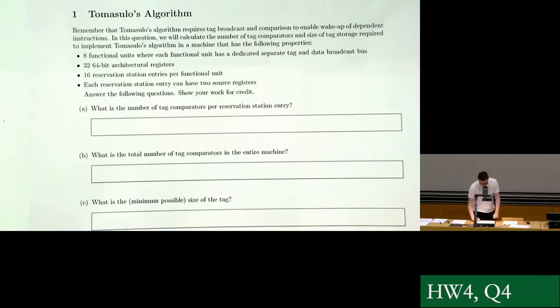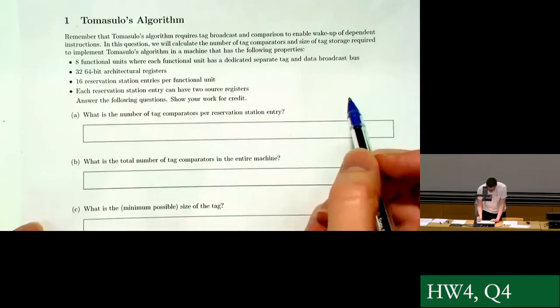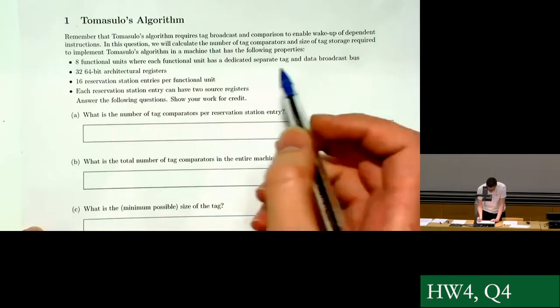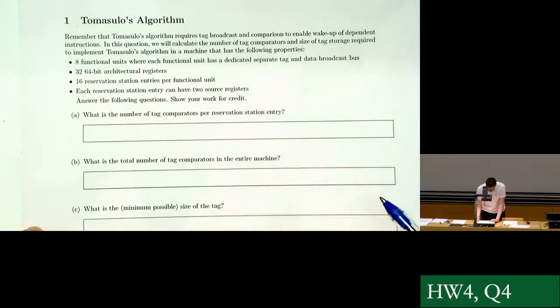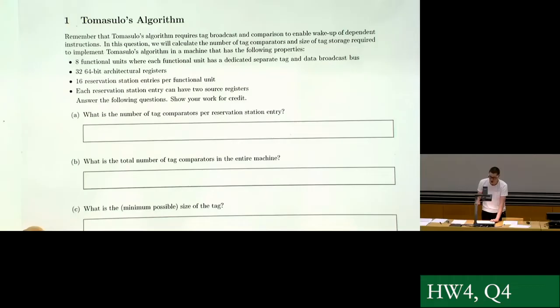So I'll just quickly read the question. This is a question that doesn't require too much computation or knowledge exactly about how the algorithm works, but it's asking more about the overhead and how many functional units or comparators you need in your design.